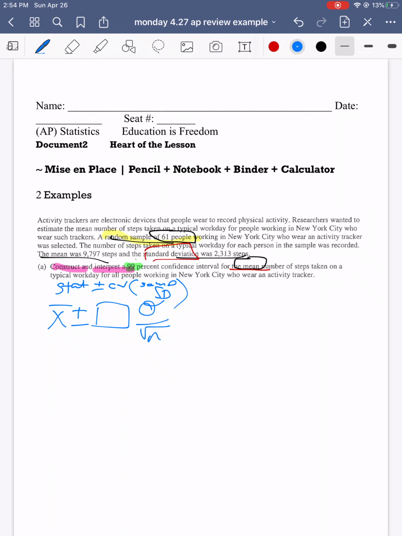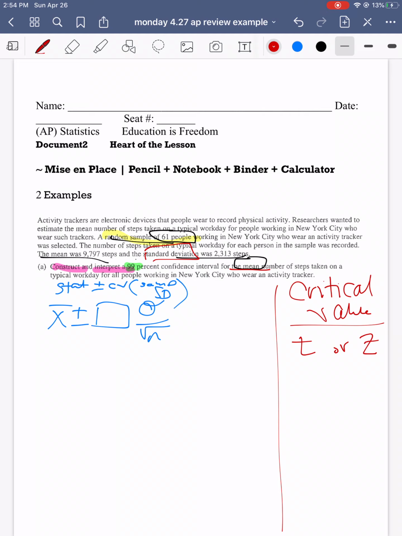So we have to determine for our critical value, are we looking at a T or a Z for our critical value? Because that is going to dictate your confidence interval. If you pick a T when it should be a Z, you're not going to get the correct response or the correct interval. So we need to know when to use each.